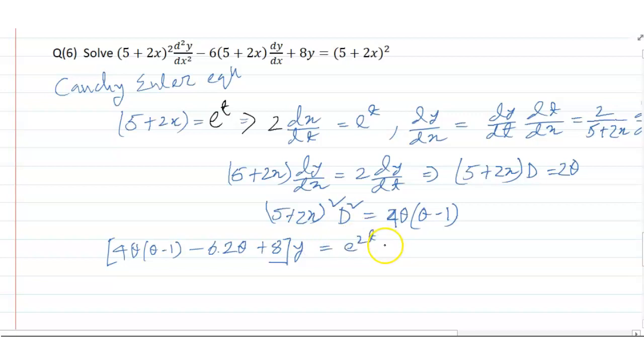I can arrange this way, friends. Now I can write this kind of problem this way.